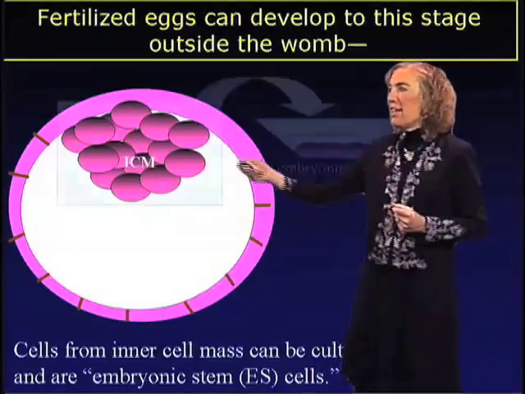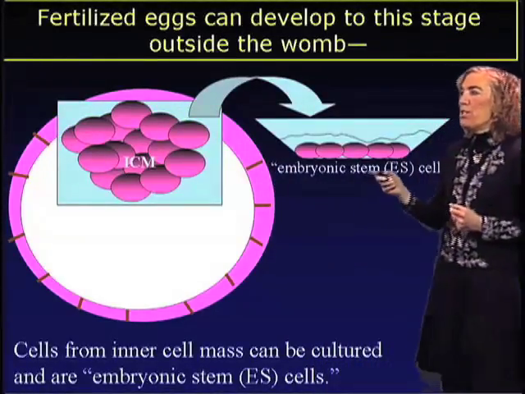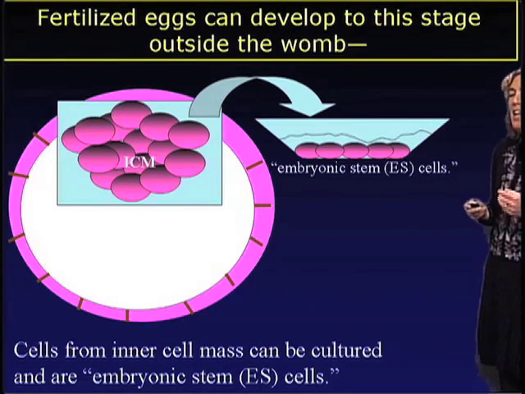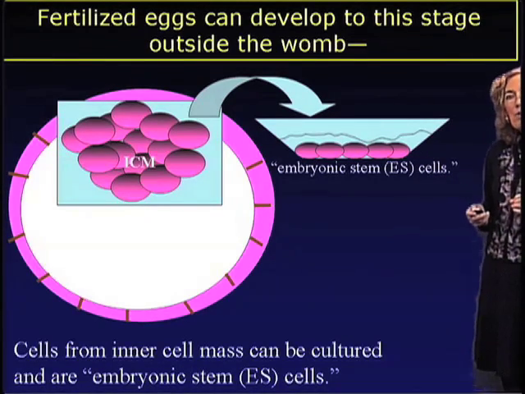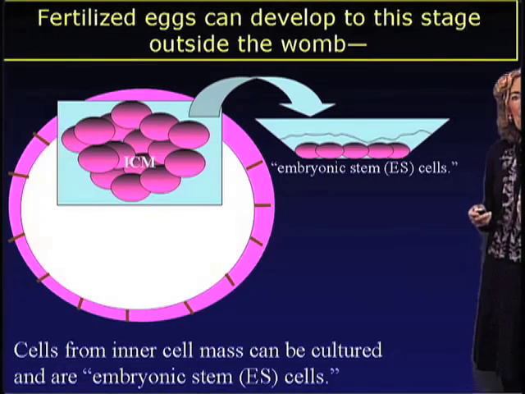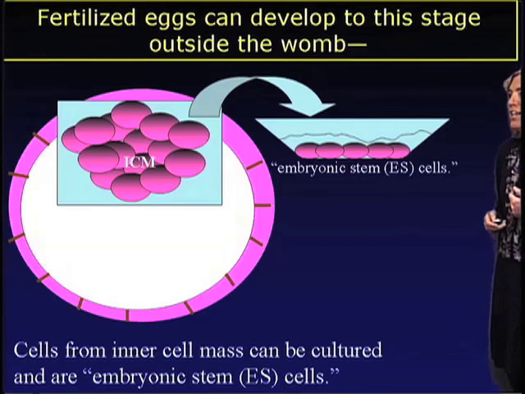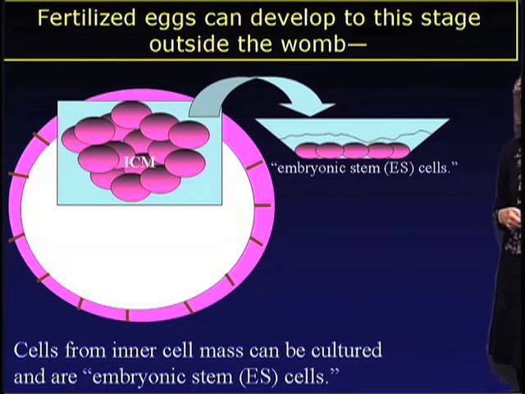We can take these cells and we can put them into a tissue culture dish. And now these cells, which become embryonic stem cells, can divide and replicate endlessly. So these cells continue to divide.